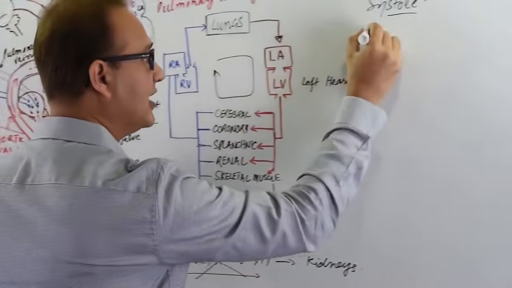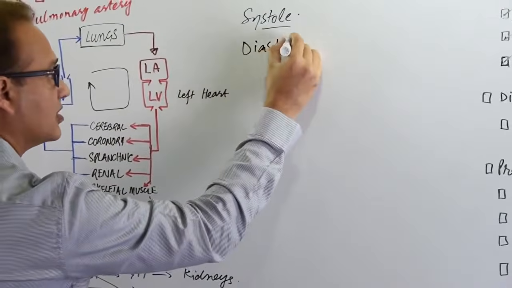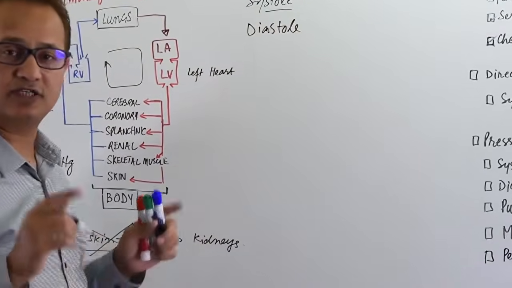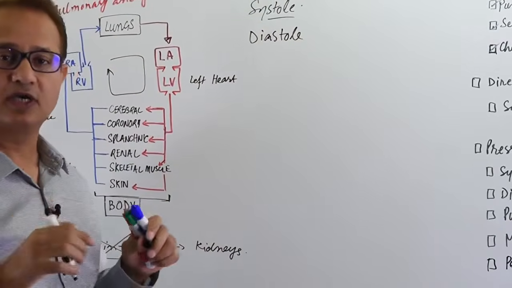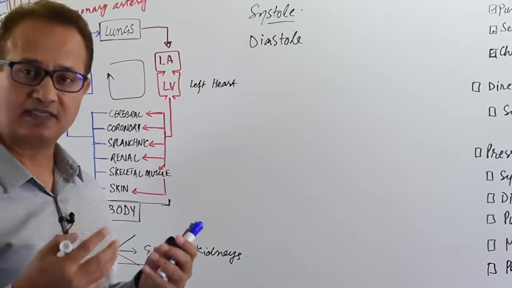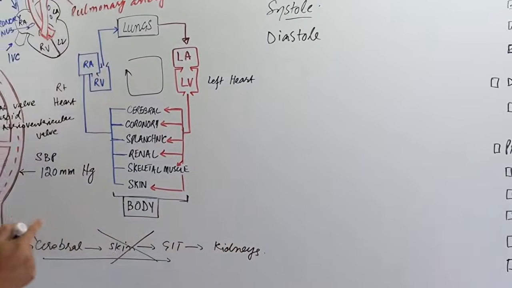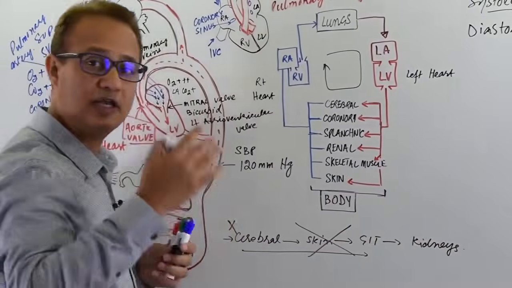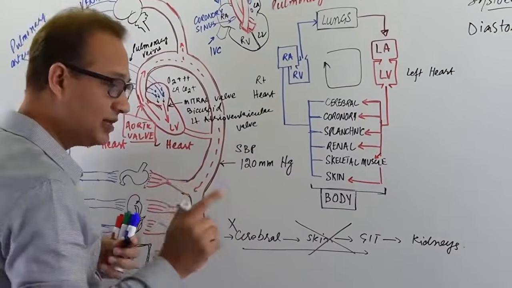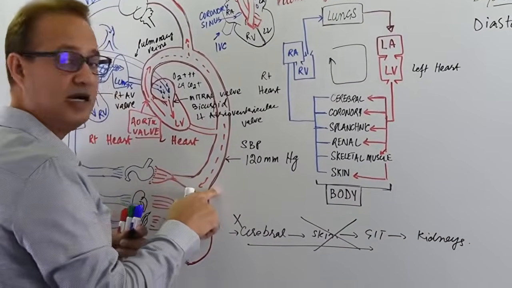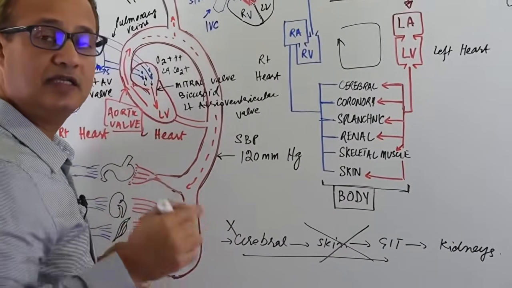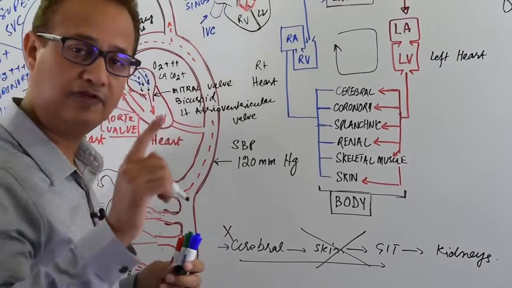Diastole, the definition of diastole, is the time interval during which a ventricle is relaxing and is of course filling with blood. Now diastolic pressure is the blood pressure in systemic arteries during the relaxation of the left ventricle.